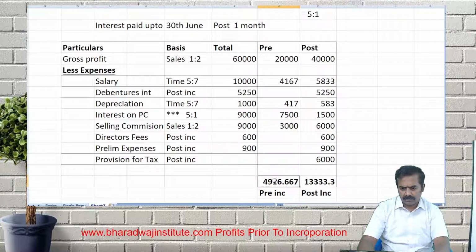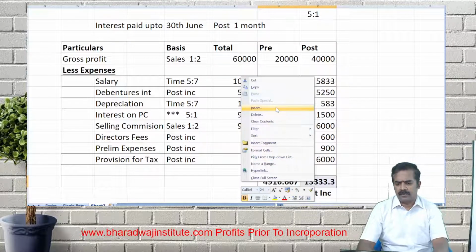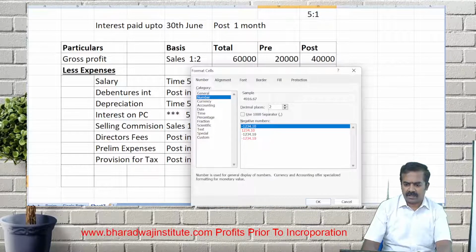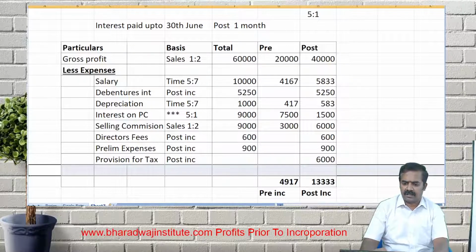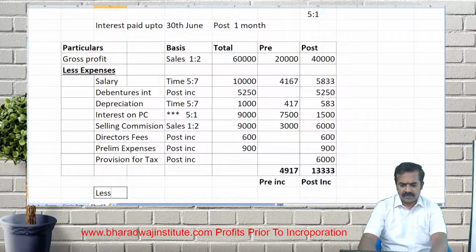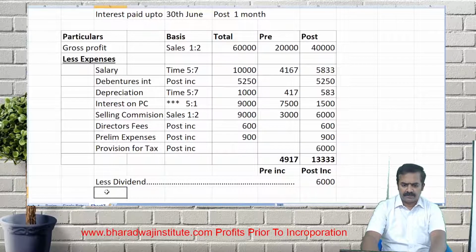Sir, why does provision for tax go entirely to post incorporation? In the case of a sole proprietor, tax is a personal obligation. But in the case of a company, since it is a separate legal entity, it will be charged only in the company's books. Less dividend, which will be apportioned only for the company's period, 6000. Sorry, sir, 5000.